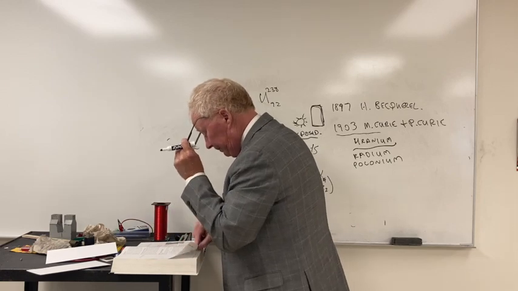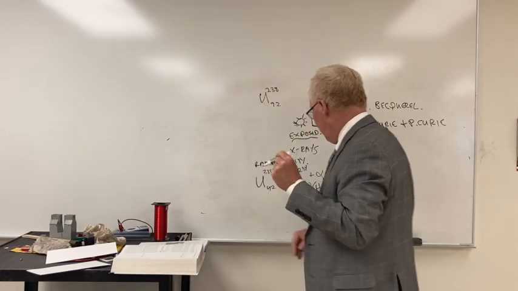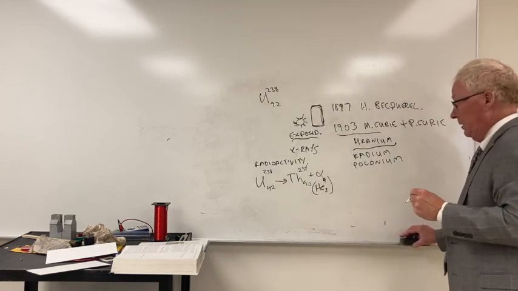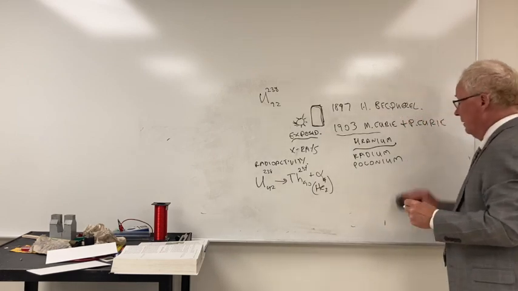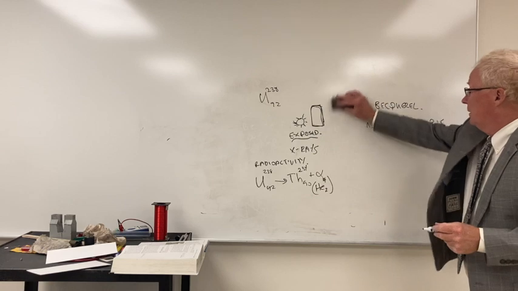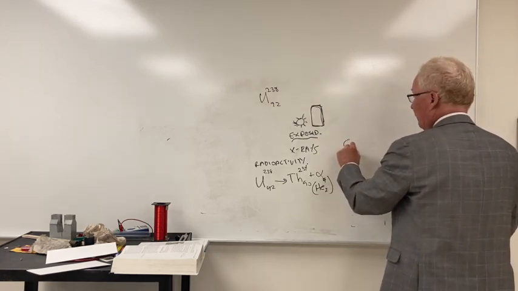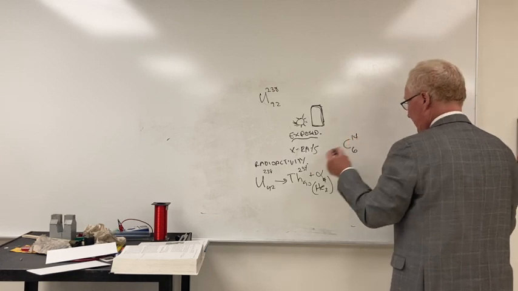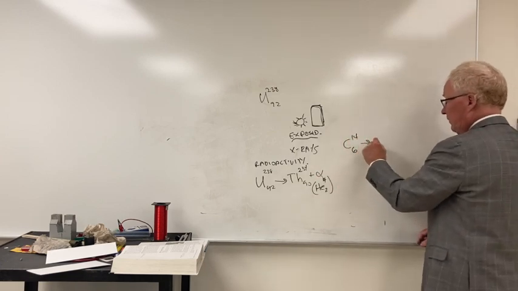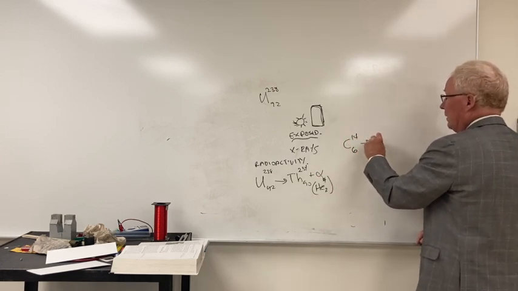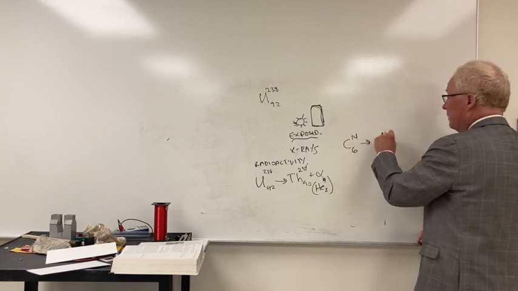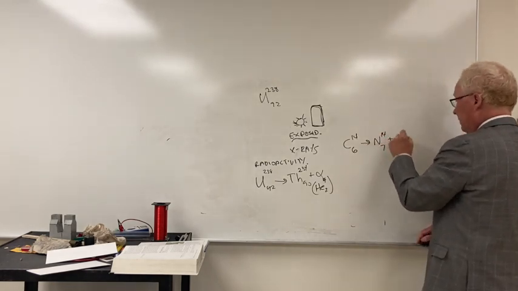Now, the next type is then, if we take carbon 14, which we said is radioactive, it'll eventually break down to nitrogen 14 plus an electron.